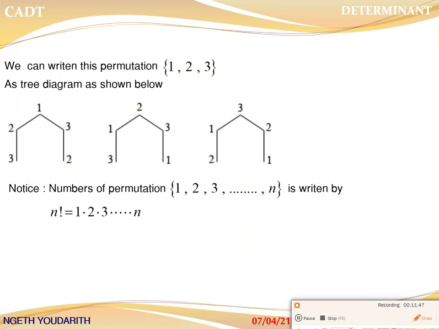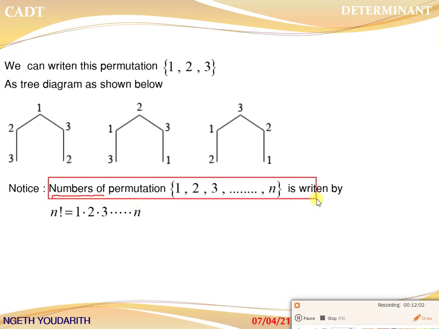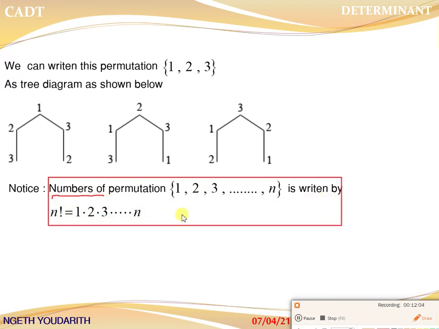And the next, notice the number of permutations. The number of permutations of 1, 2, 3, 4, 5 until n is written as n factorial, equal to 1 multiplied by 2 multiplied by 3 multiplied by 4 multiplied by until n.